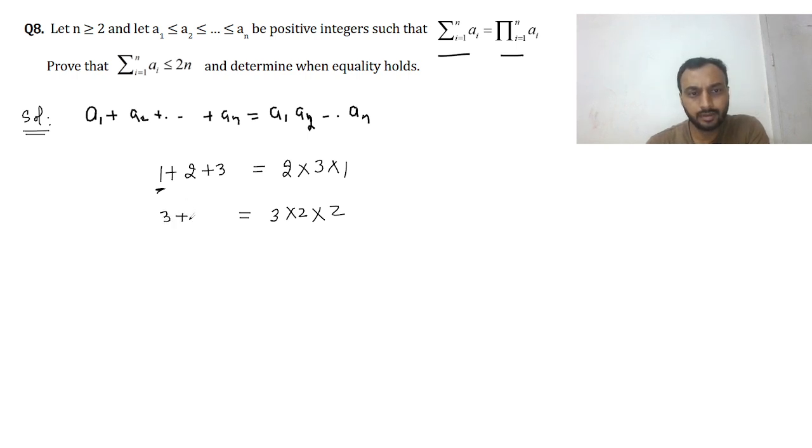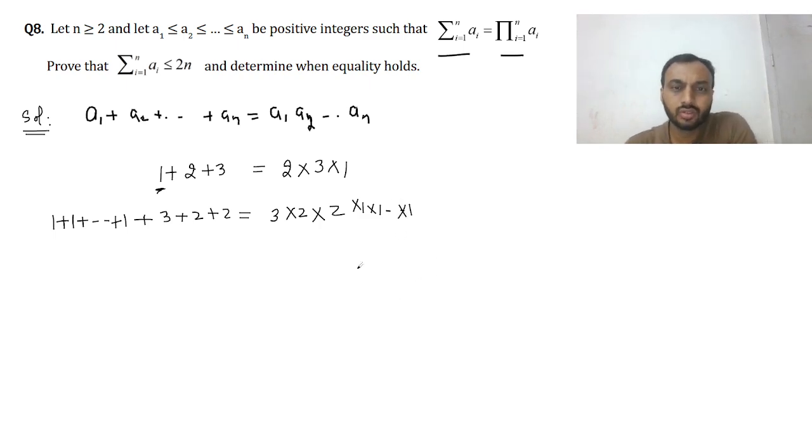Now 3 plus 2 plus 2 is 7, so the remaining number should be 1, and using 1 will not affect our product. So we can always write a product of integers as a sum in this way, by using extra ones.